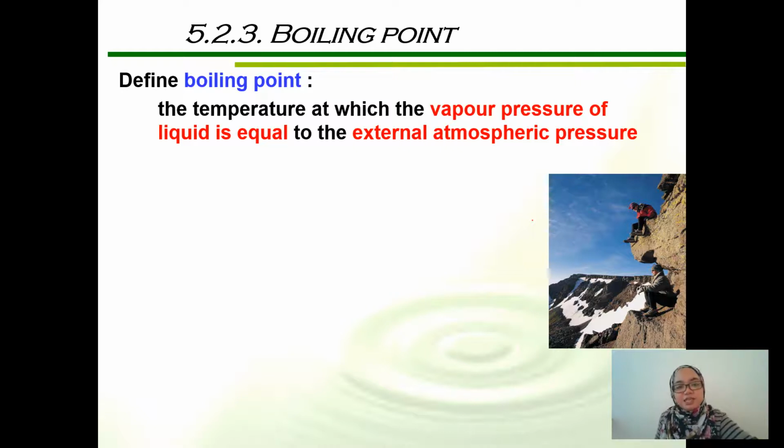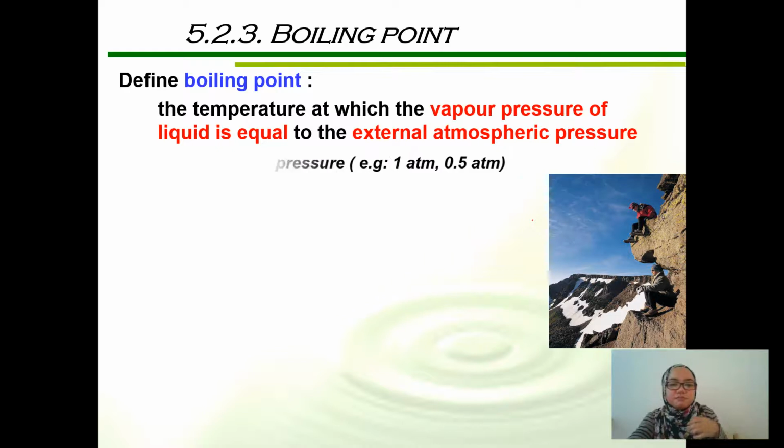So, kalau tadi vaporization process, dia occurs at any temperature, at any pressure, and they only occur at the surface of the liquid. Untuk boiling ni dia occurs at specific temperature and specific pressure, and boiling ni dia occurs throughout the liquid. By means, dia occurs dekat surface and dekat inner part of the liquid as well, not just the liquid surface.